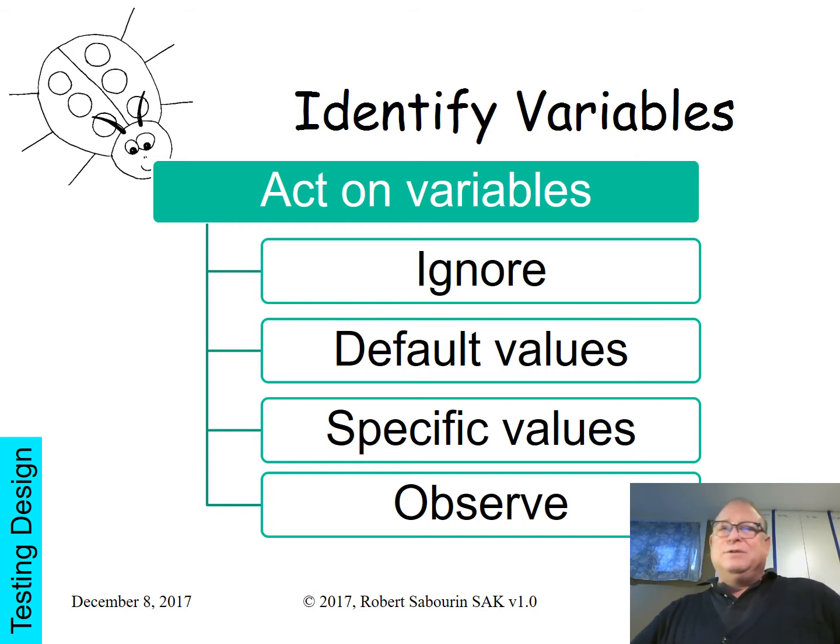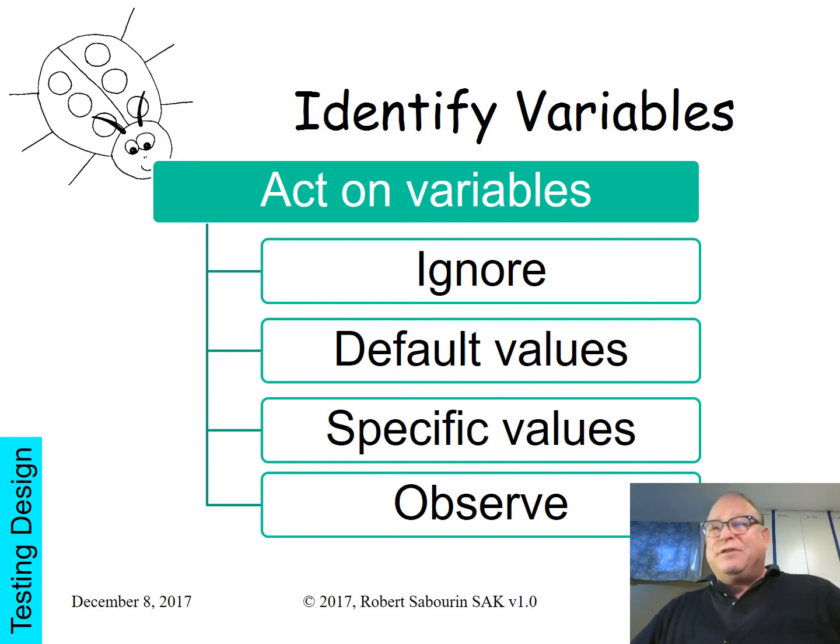And the beautiful thing here is there's only 4 ways we can act on a variable. The first thing is, maybe we can ignore a variable. In my view, it's more important to ignore something on purpose than it is to skip it because you didn't think of it. Sometimes we're going to put default specific values. So we're not going to change the value, but we're going to put it as a control thing. For example, we might use a standard hardware, a standard software, a standard operating system, a standard browser version, we're not going to change it.